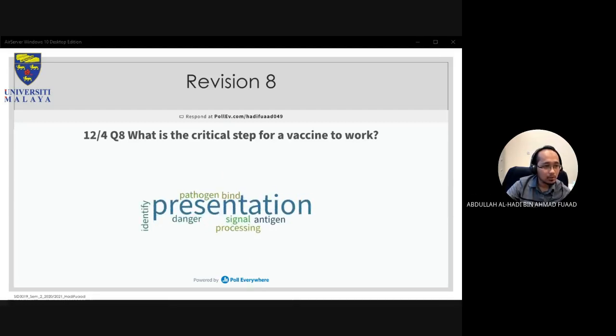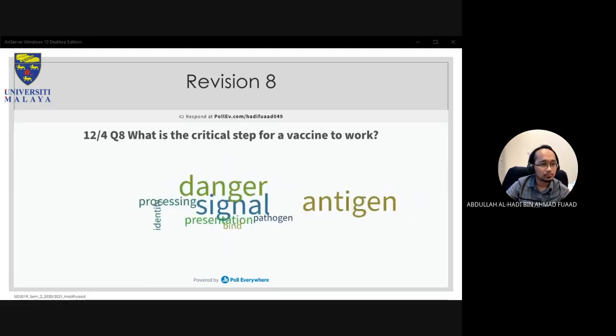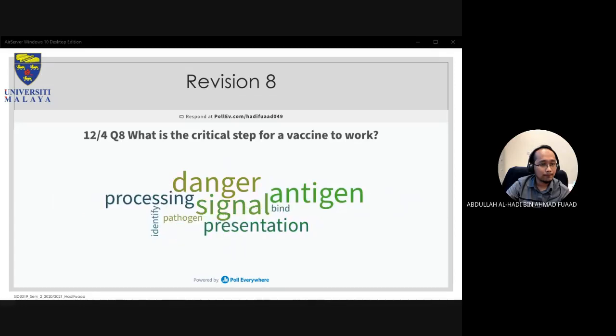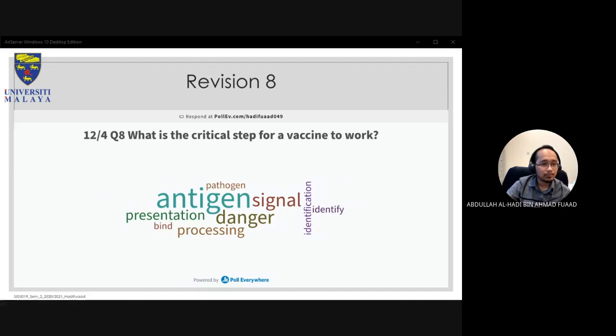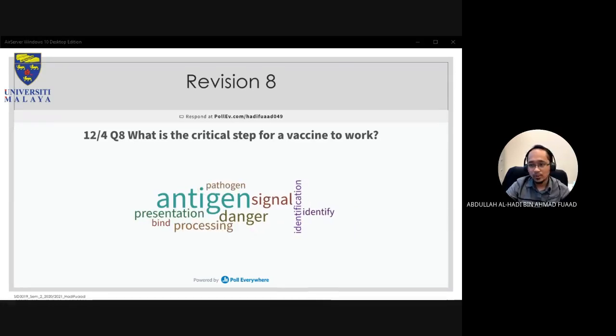Let's see, we are now on question number 8. Okay, what is the critical step for a vaccine to work? Okay, we have 12 responses, 13.